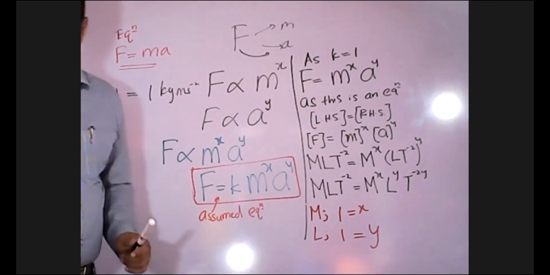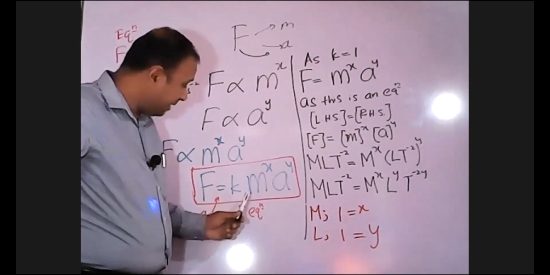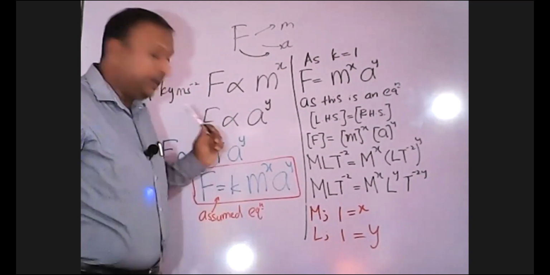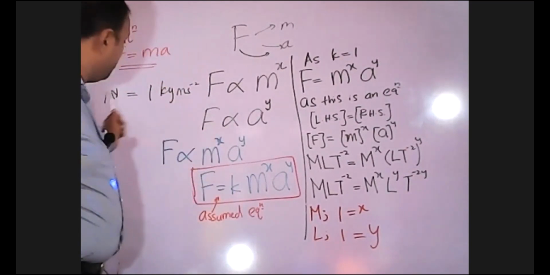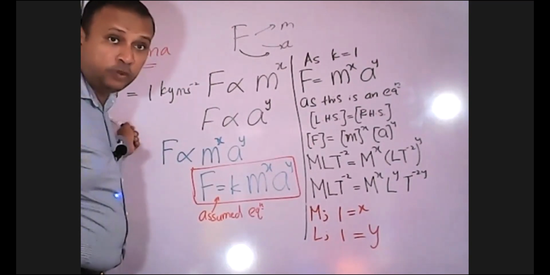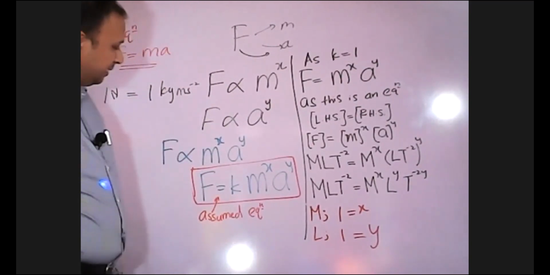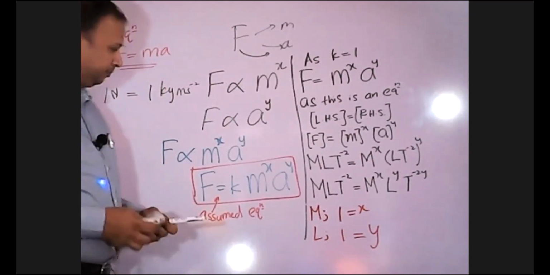Thank you, sir. That's why when you apply force, mass and acceleration in this equation, those physical quantities should be measured in Newton, kg and m s minus 2. Otherwise, K won't be equal to 1.